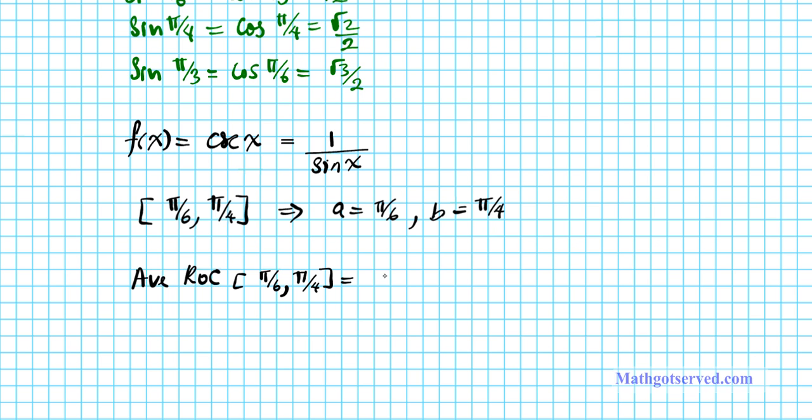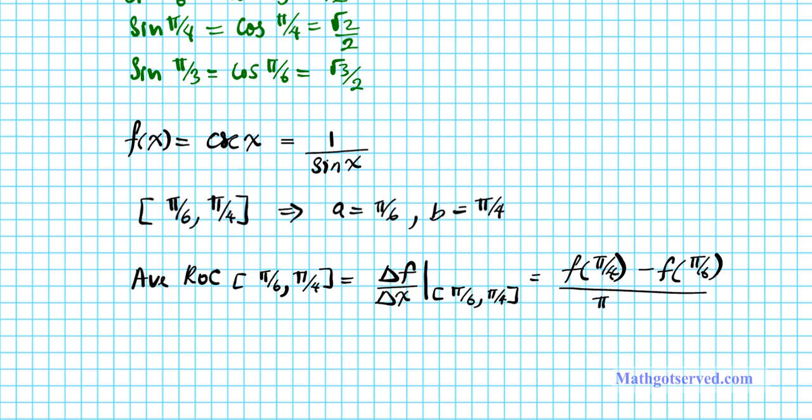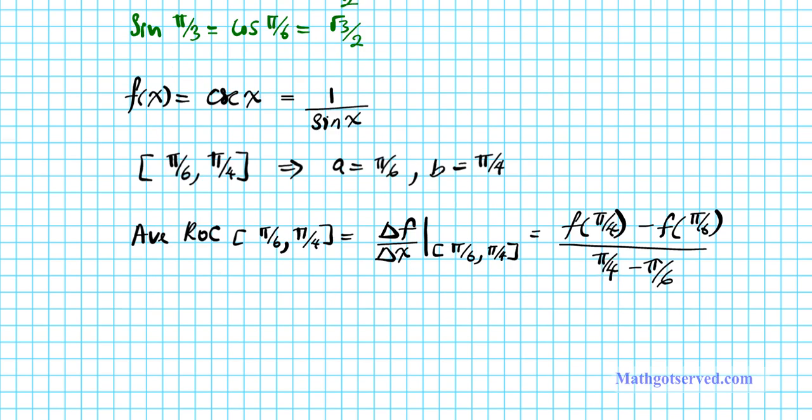Another way I like to write average rate of change is delta f over delta x on the interval pi over 6 to pi over 4. They mean the same thing, I just like to use different notation. So we're going to compute f of pi over 4 minus f of pi over 6, divided by pi over 4 minus pi over 6.